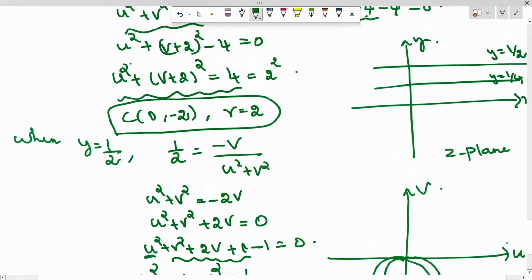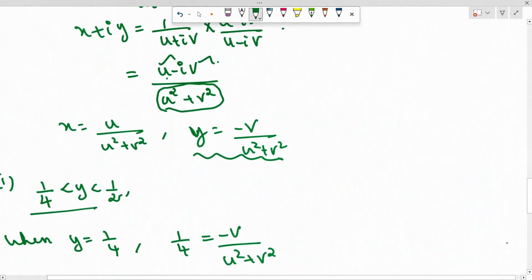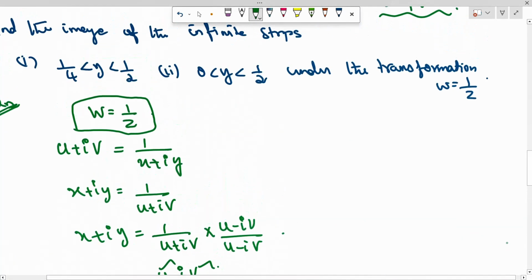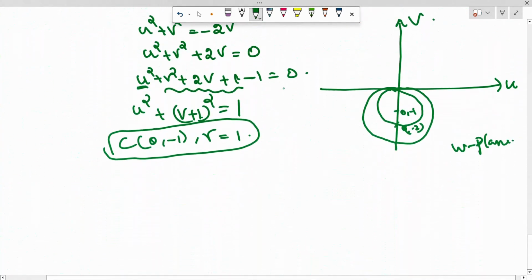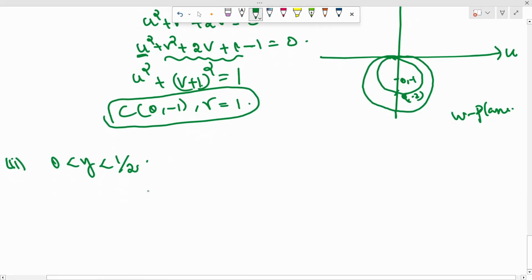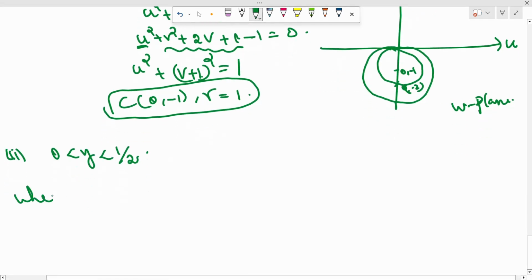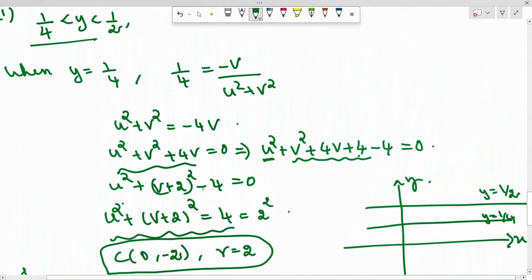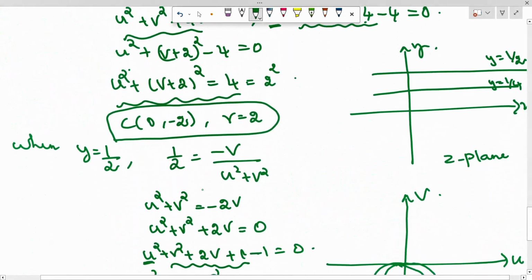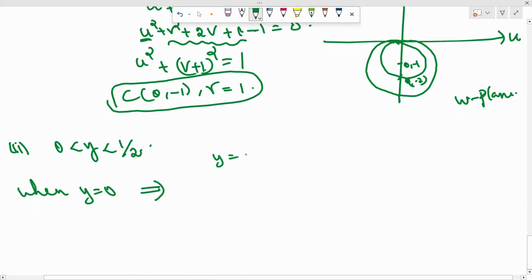In a similar way, we can find the second strip also, 0 less than y less than 1 by 2. First we take y is equal to 0. Substitute in our equation, y is equal to minus v by u square plus v square.